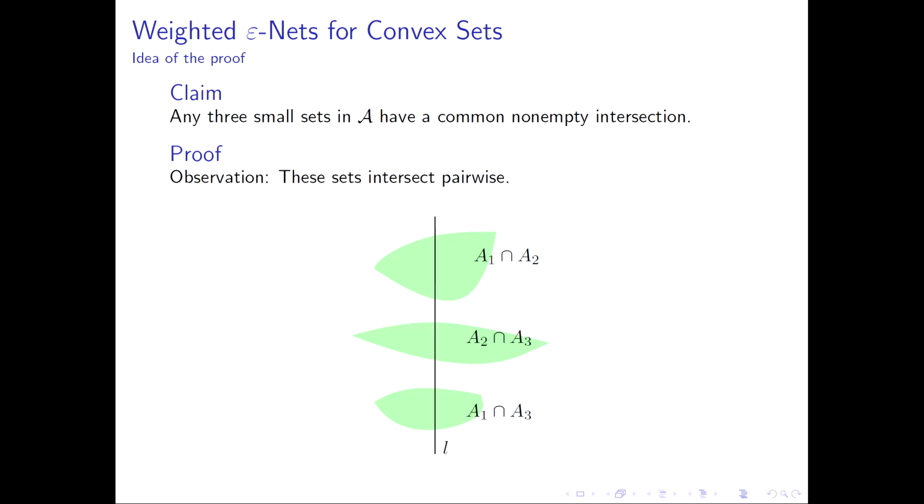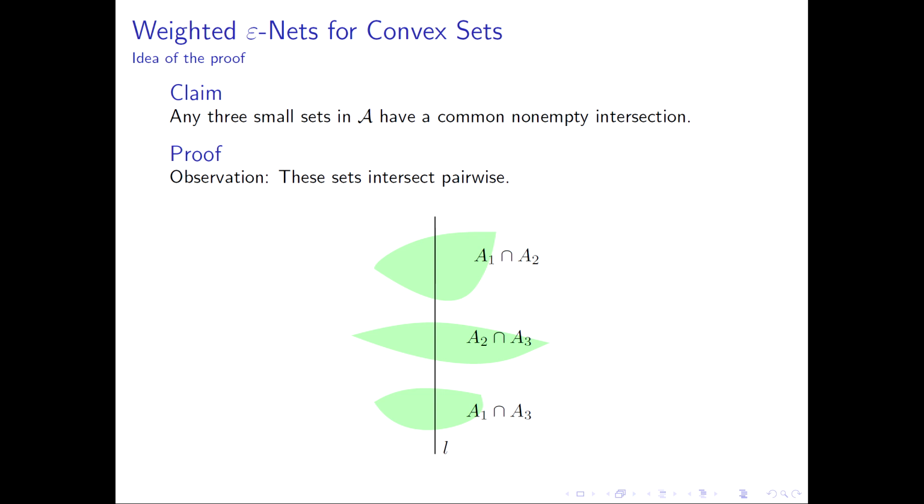Whenever all these intersections cross the halving line L, we get a contradiction. In this case, A1 clearly intersects A2 and A3 as A1 is convex. It has points on the top, it has points on the bottom, so every point in the middle clearly lies in A1 by convexity.